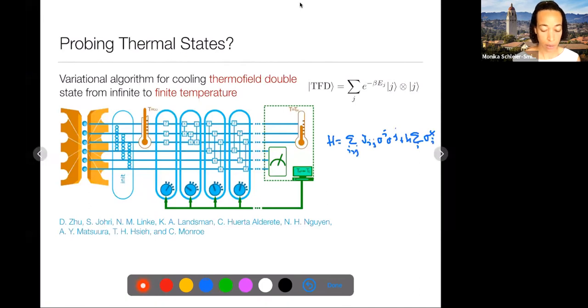I have this transverse field Ising model, and I can easily measure the expectation value of the Hamiltonian by implementing the same circuit a bunch of times and looking at correlation functions, right?